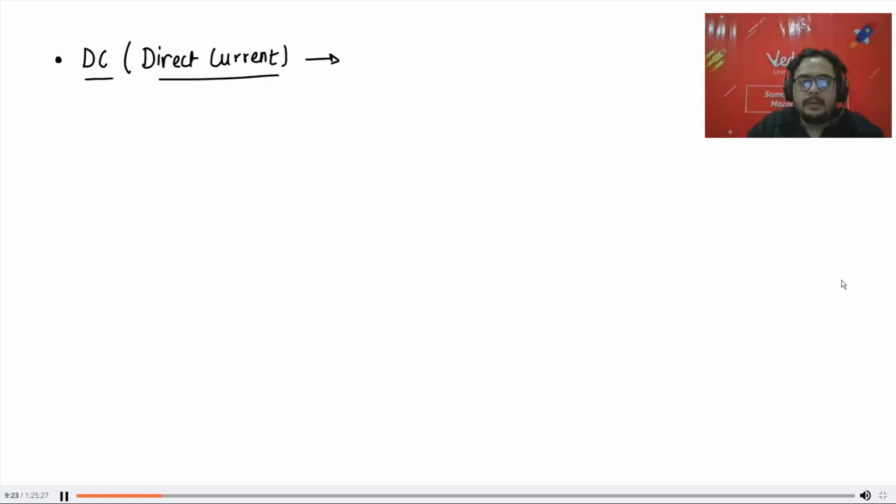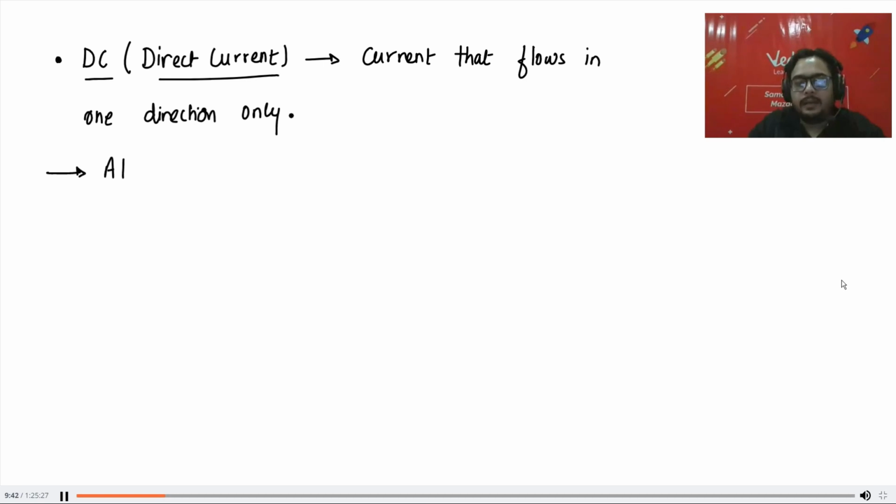So basically current that flows in one direction only is called direct current. It is also called unidirectional current. The direction is fixed. Okay.